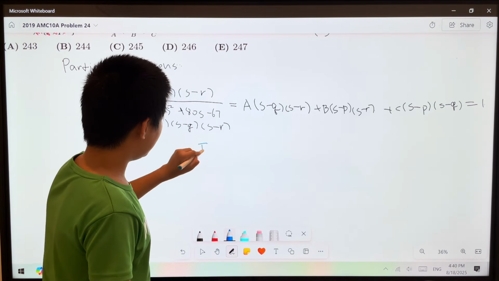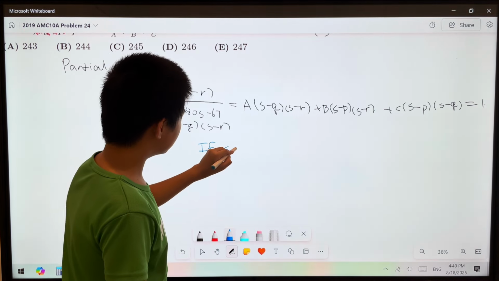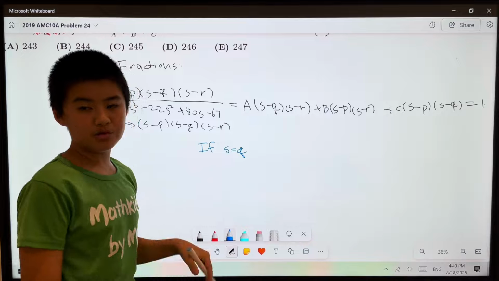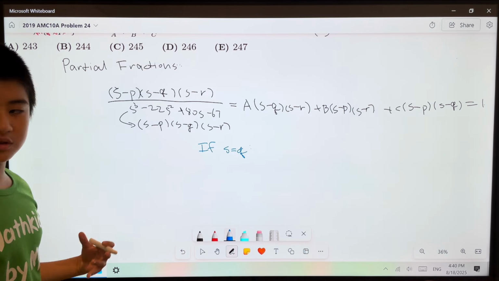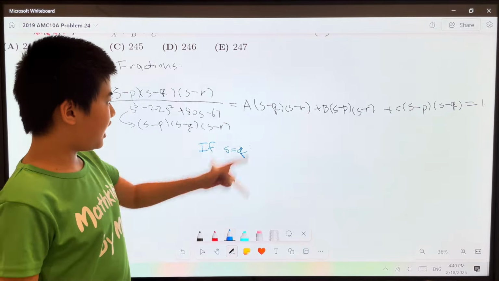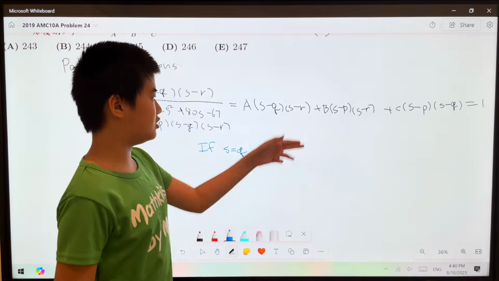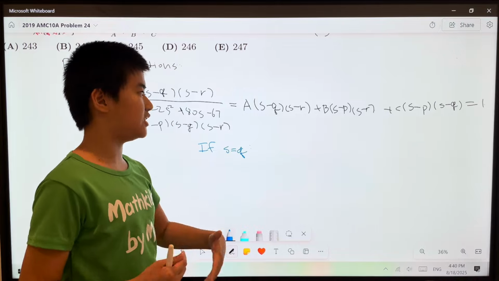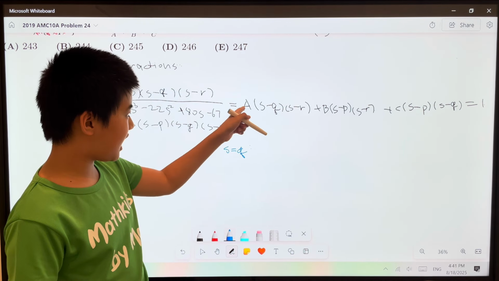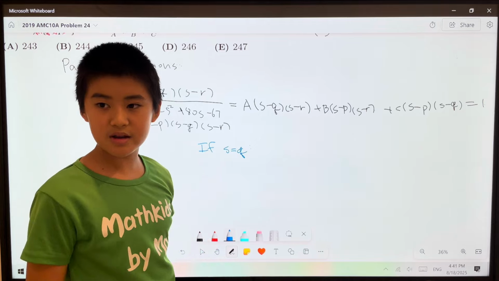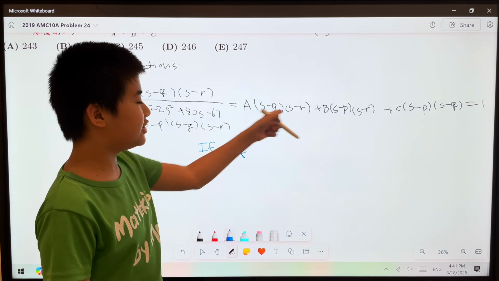First, let's make s equal q. For any real number, s equals q works. And if s equals q, what happens? Here you have a times (q minus q)(q minus r), which is just 0.